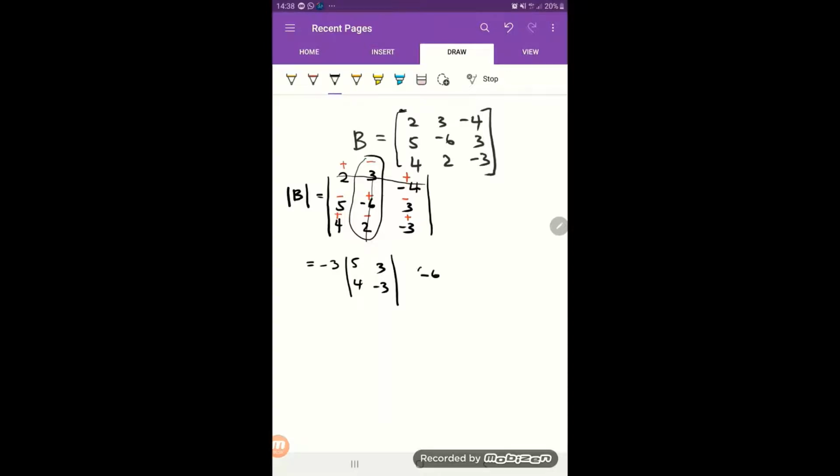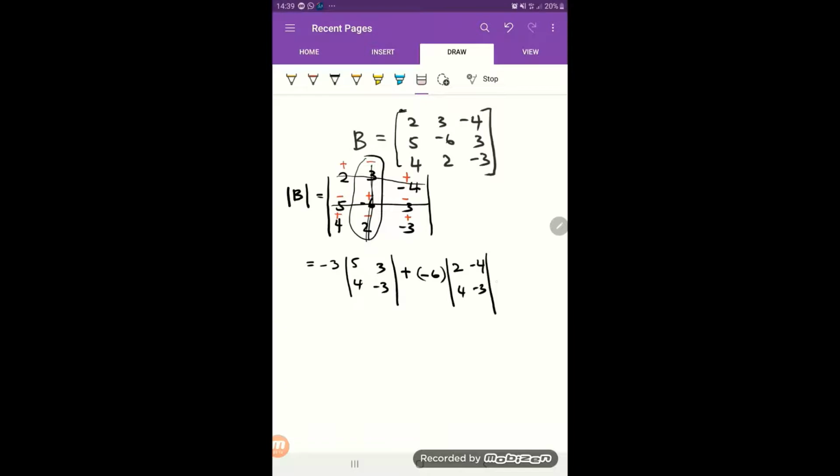The next element is negative 6. The sign of negative 6 is plus. So we delete the second row and the second column here. The numbers not deleted are 2, negative 4, 4, negative 3. The next element is 2.